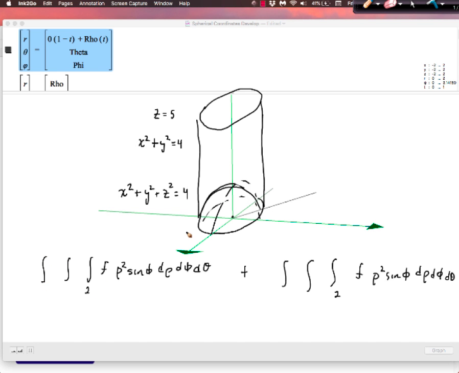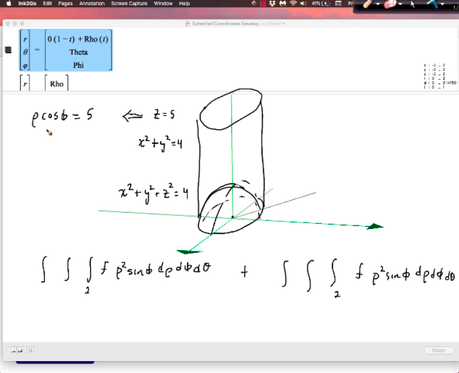And we said for those low values of phi, it's going to exit at z equals 5. But z is not one of our coordinates, right? So z equals 5. What is z in spherical coordinates? Rho cosine phi. And so what do I want? I want the value of rho corresponding to z equals 5.